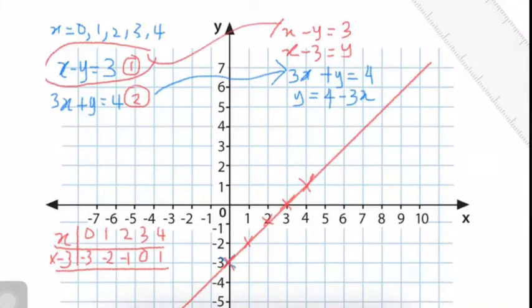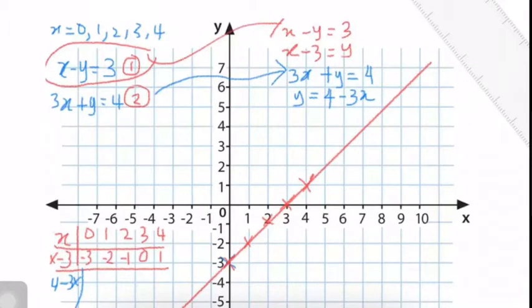So my table will be, still I have the same values of x, but the values of y is 4 minus 3x.